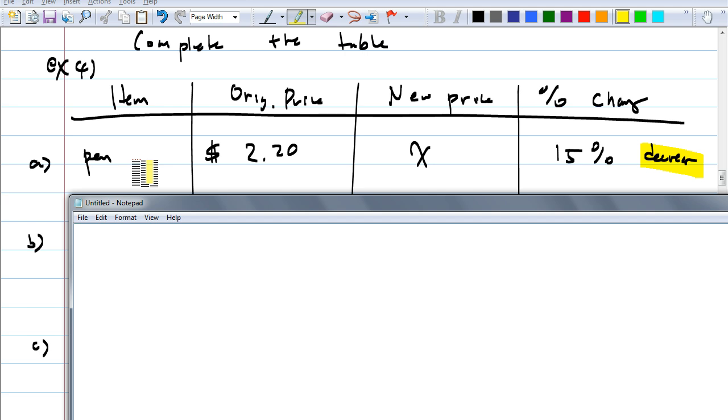Who haven't I called today? Owen, what do you think? 15 over 100 equals 2.2 minus x over x. Is it going to be over x? Is the x the original price?